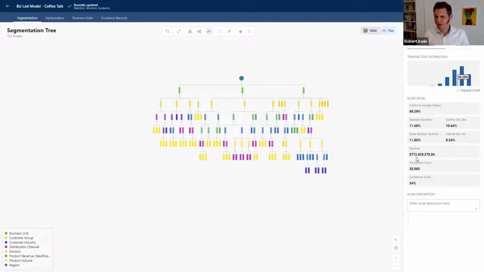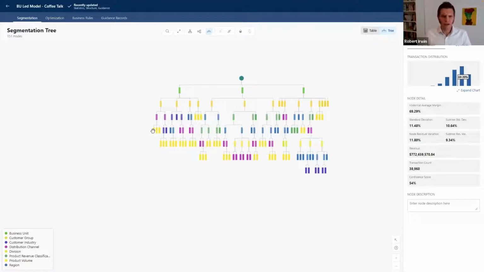I see that there are around about $750 million of revenue in here, 39,000 transactions, and then the different metrics that as we go through the model will give me an understanding of the performance at individual segment levels.